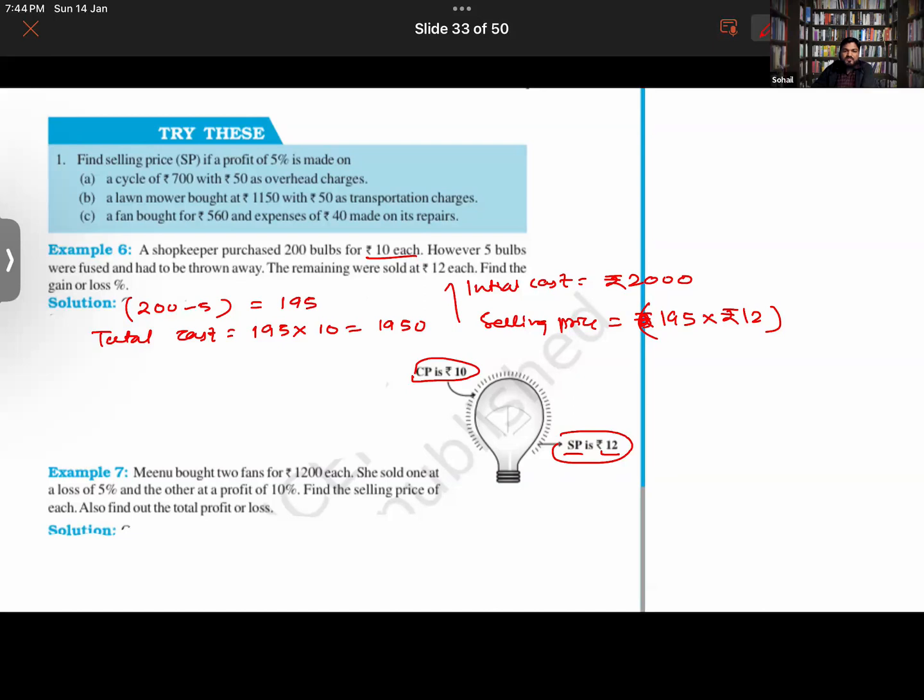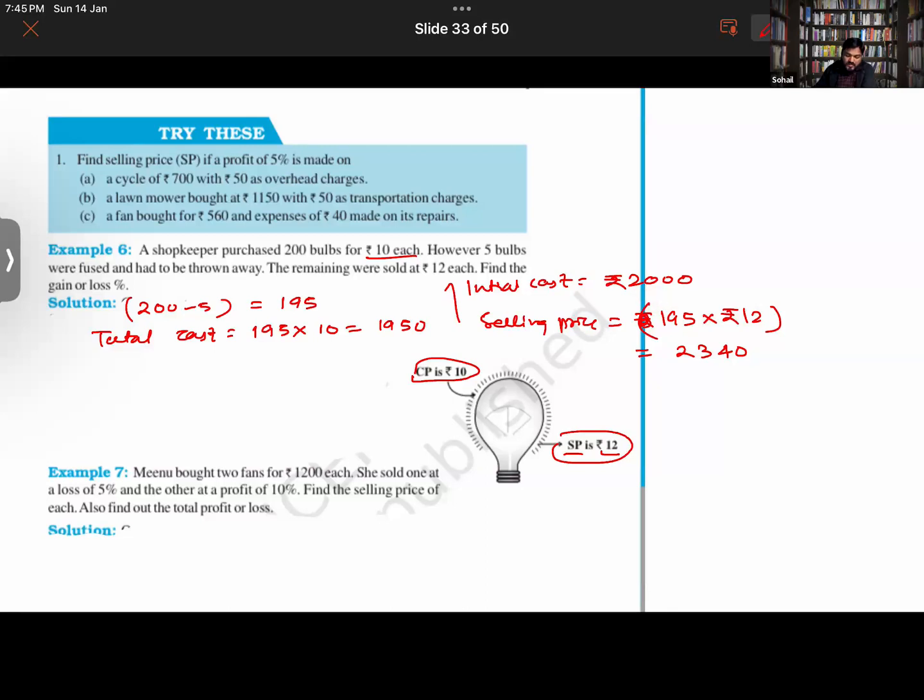It's about 2340. So 2340 rupees is the selling price, while the initial cost was rupees 2000. Here we don't have to consider the bulbs which have been thrown away, because the initial cost will be 2000 rupees.